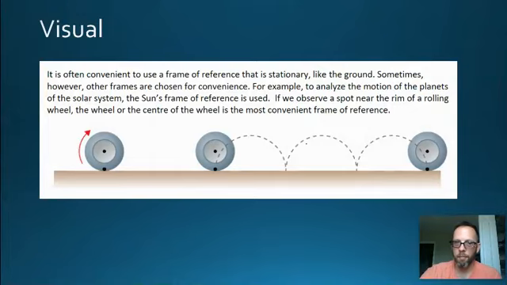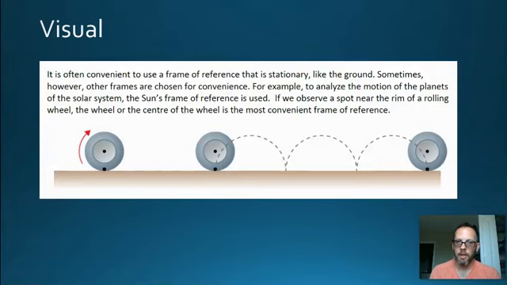That can be fairly complex motion to analyze. However, if you use the center of the wheel as your frame of reference, imagine being transported there and moving along with the wheel, what you would see is just the dot moving around you in a circle. And that motion is a lot easier to analyze.